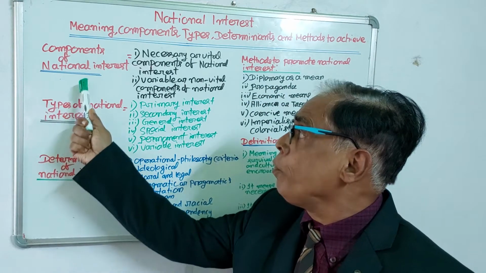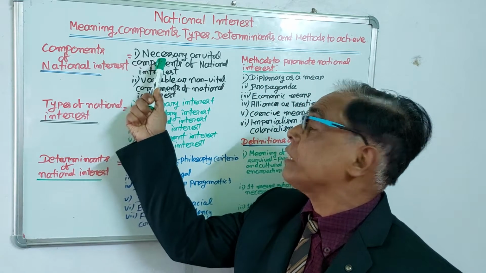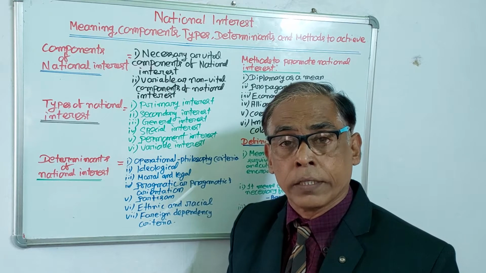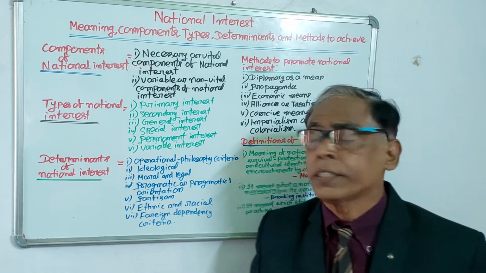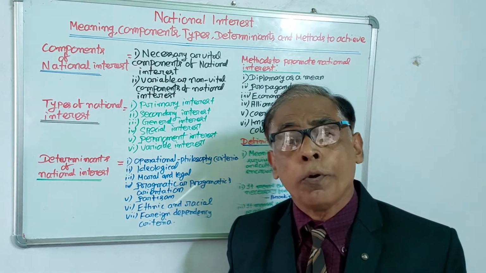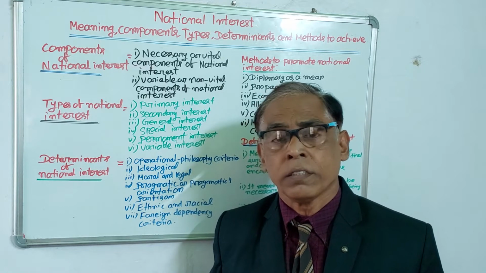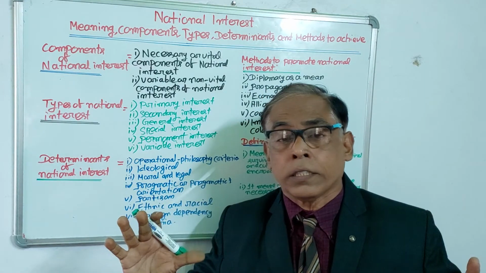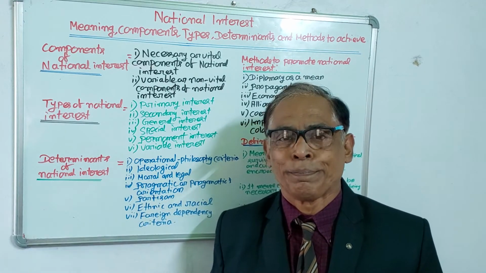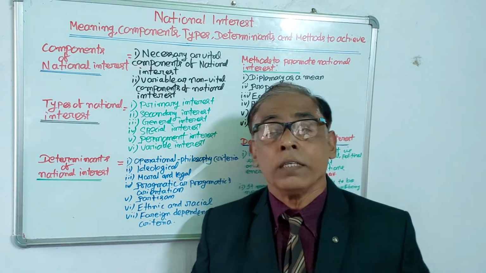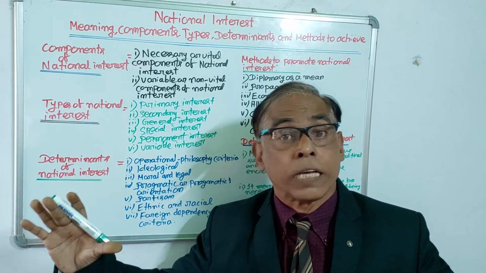Now we'll discuss components of national interest. There are mainly two components: one is the necessary or vital component, and number two is the variable or non-vital component. The necessary or vital component means there are certain things which are very vital for a country, which a nation cannot sacrifice.